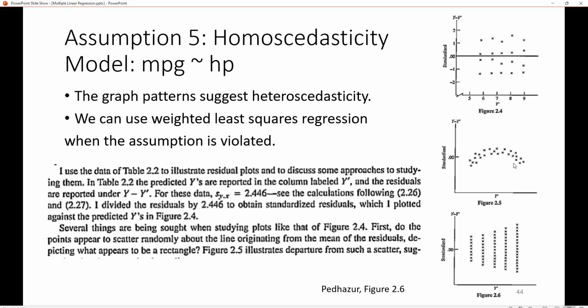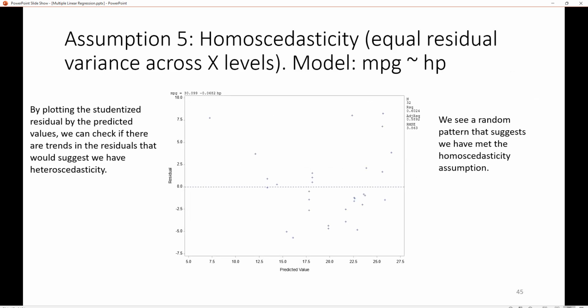But we do see a pattern in the bottom 2 graphs, and that would represent that for some levels of x, maybe that's age or another predictor, we're getting more accurate predictions or smaller residuals than in other values of x. So that would be a concern.